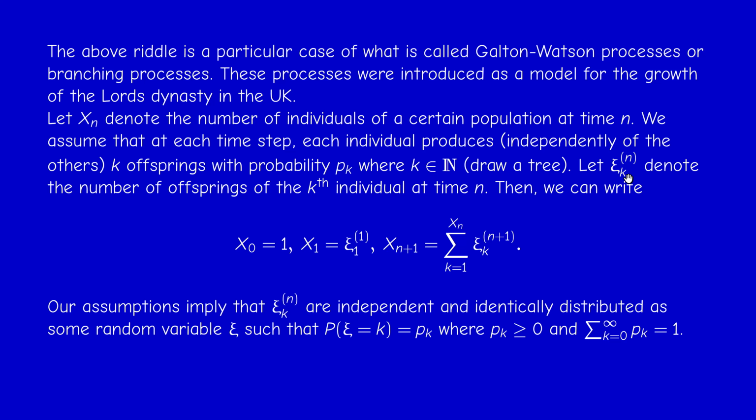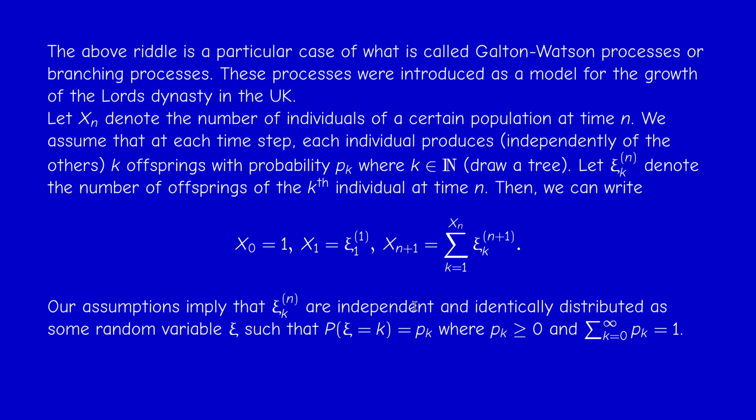All psi kn have the same distribution as this model random variable that I call psi. So it should be clear that we now have a Markov chain on n, on the set of integers. The state space is infinite here. So it's a particular case of a Markov chain, but a very particular one.